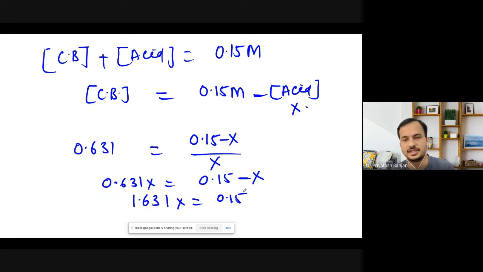Let me calculate the value of X. So we are going to get 0.091. X is coming out to be 0.0919. I will consider that as 0.092 molar. Perfect.